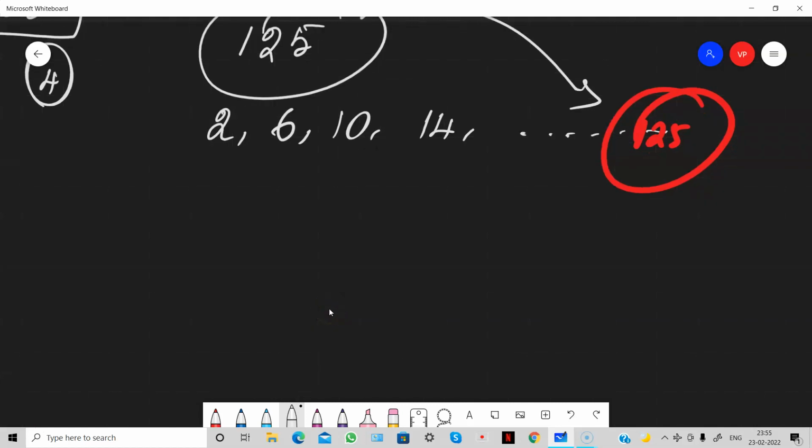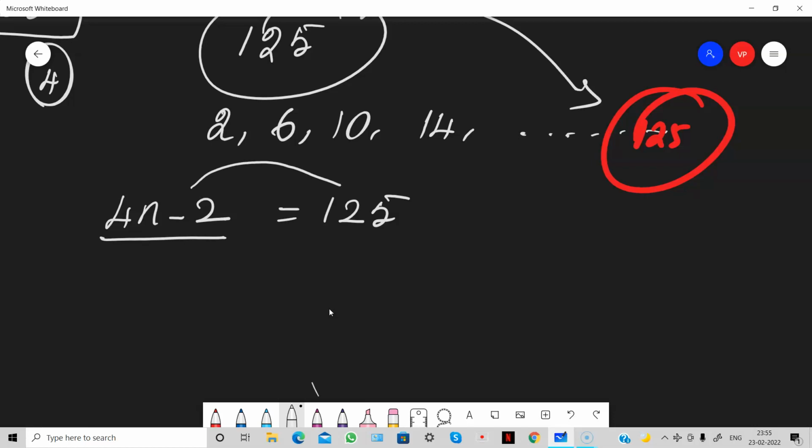Here also we are going to use the nth term as it is. So this is the nth term, and I am going to write 125. Why are you writing like this? Because if 125 is a member of the sequence, I write the general term, the nth term, equal to 125.